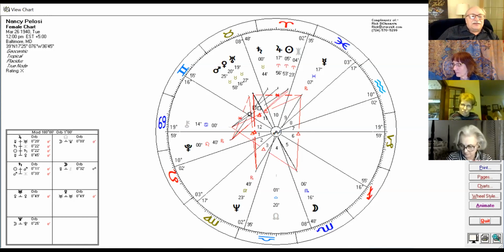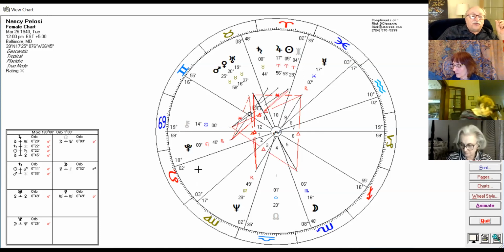When a planet is in a house, it is much stronger when it's at the beginning of the house. Any planet around here is much stronger than a planet about here. And as the planet gets about here, it's still in the 1st house, but it's starting to affect the 2nd house.